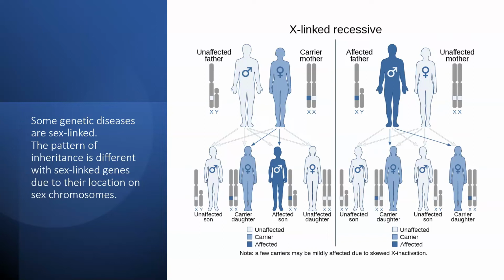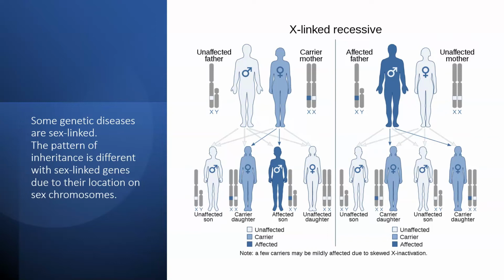They will only have the affected allele on one X chromosome, so if they've got that on their X chromosome, then they will be affected. A daughter could end up a carrier, but a son can't. Sons have either got it or they've not. Daughters can be carriers, but they wouldn't have the condition because they'll always have the second X chromosome.